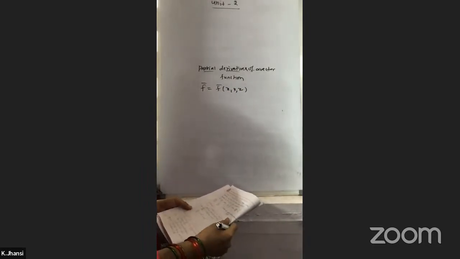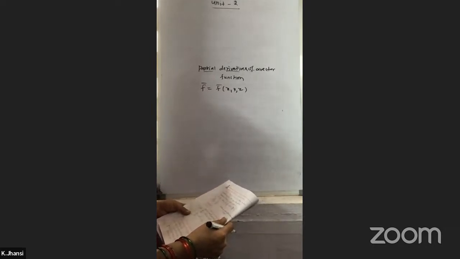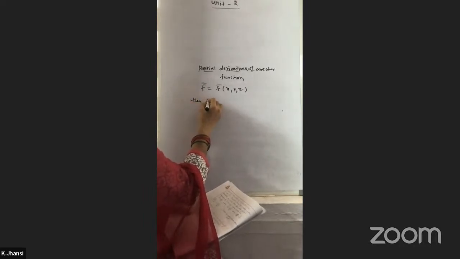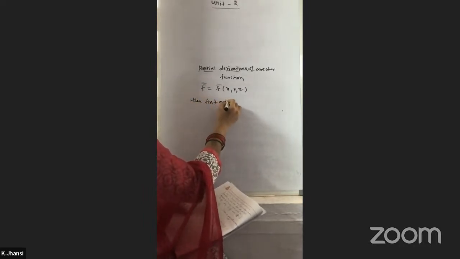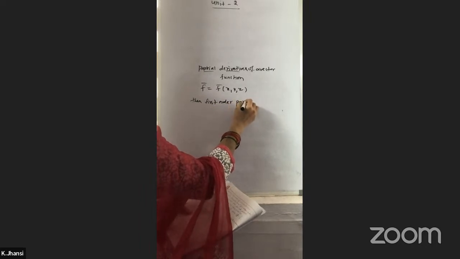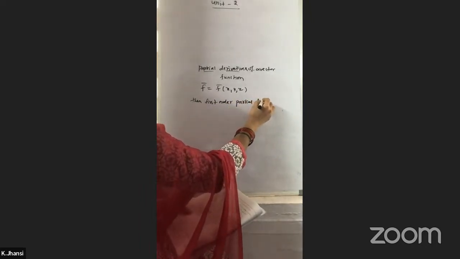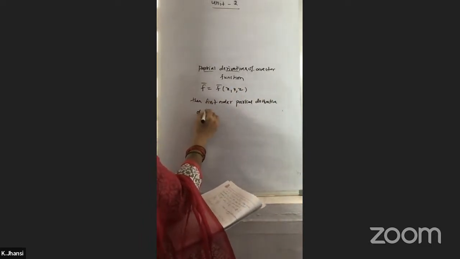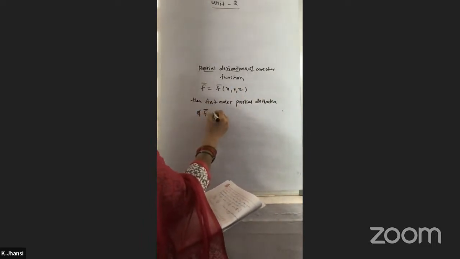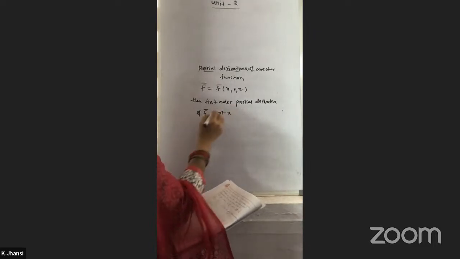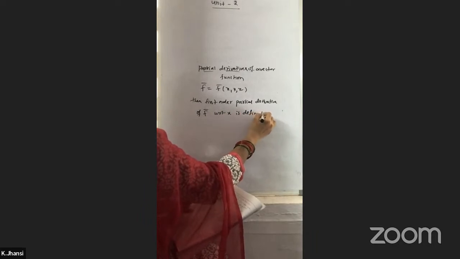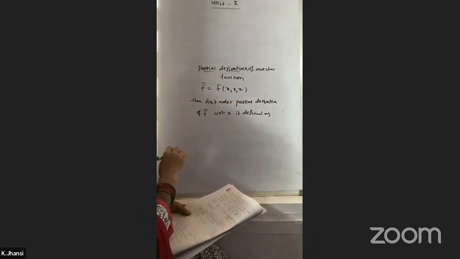Then the first order partial derivative of f with respect to x is defined as, I will define that one.